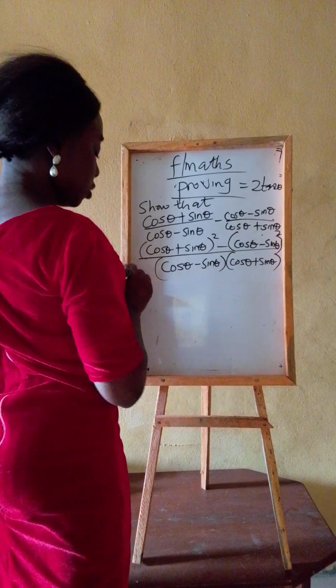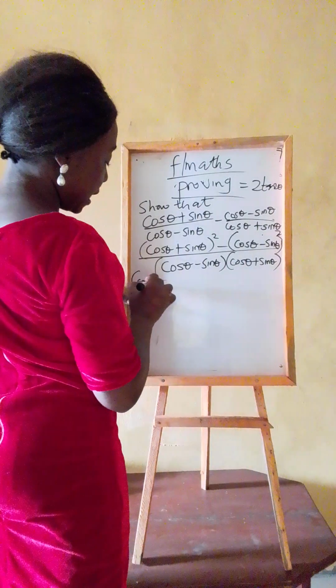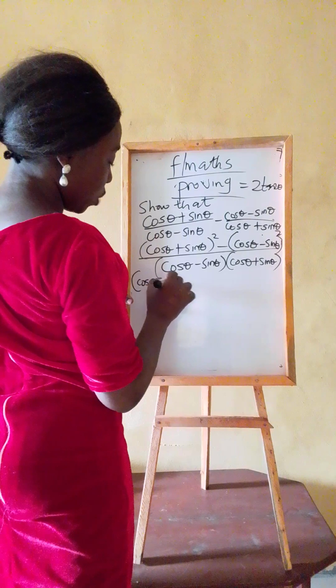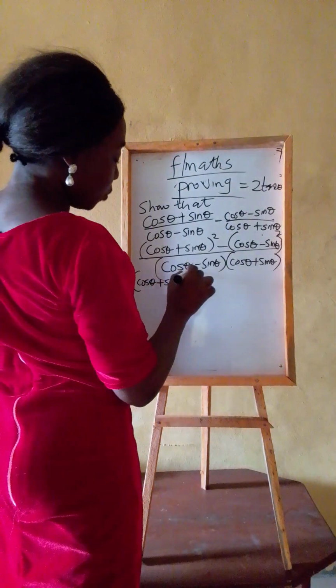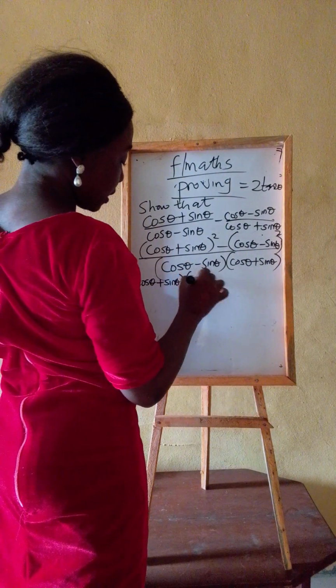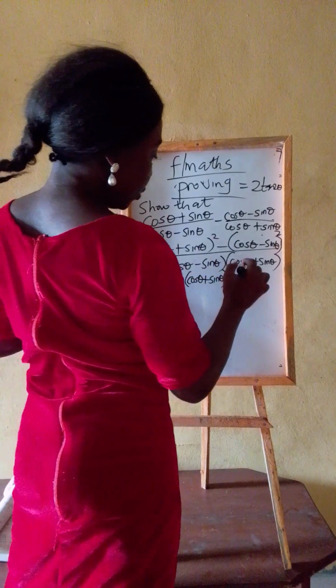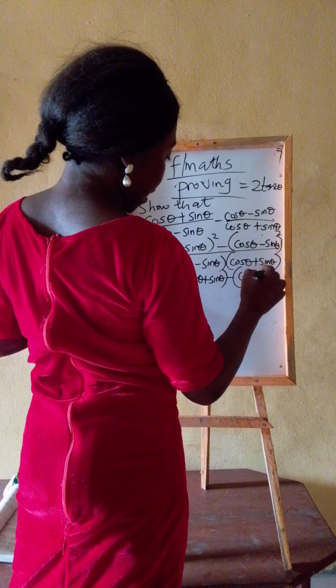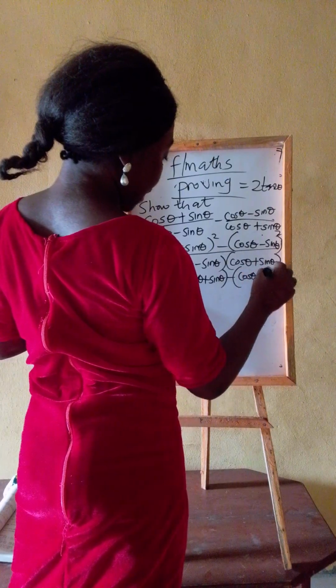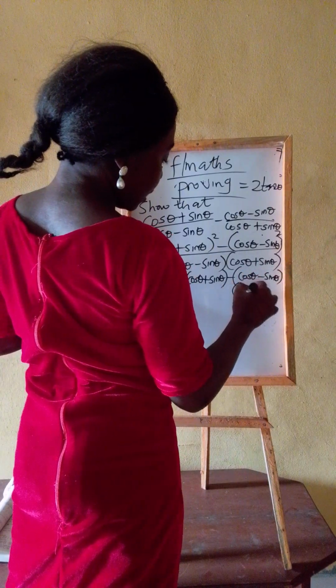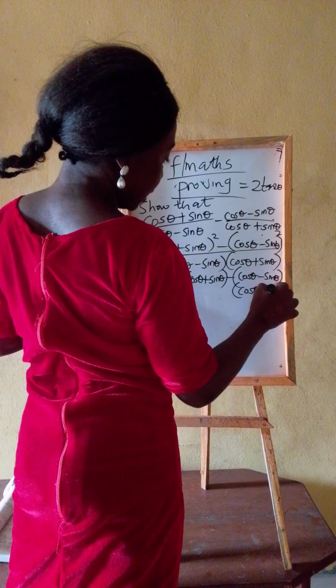So what's the next thing to do? We multiply it twice.